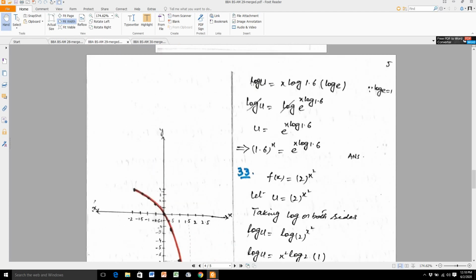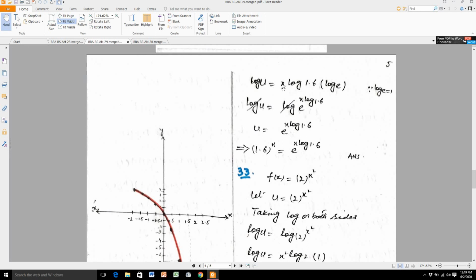So I am writing here log u is equal to x into log 1.6, and you see here log e is equal to 1. Log e is equal to 1. So in place of 1 I write log e. And you also know that there is another property of log, that if some coefficient is in front of log, it becomes the power of its function.